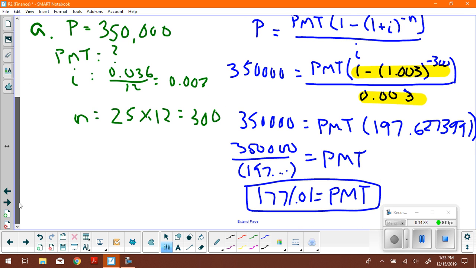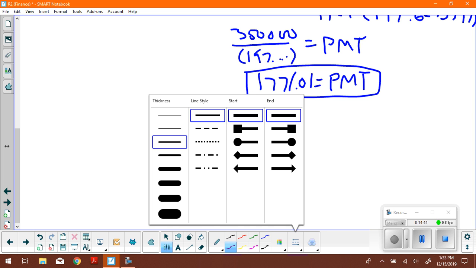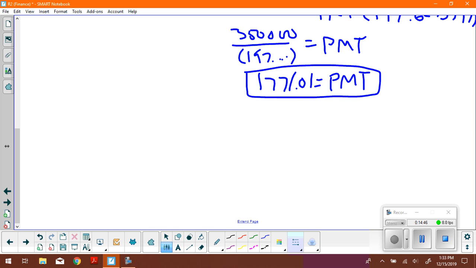For part B, what is the interest cost of the mortgage? Well, the way we figure that out is we're going to figure out how much Zoe actually spends over the lifetime of the mortgage. So this was the monthly payment, and we made 300 of those payments.